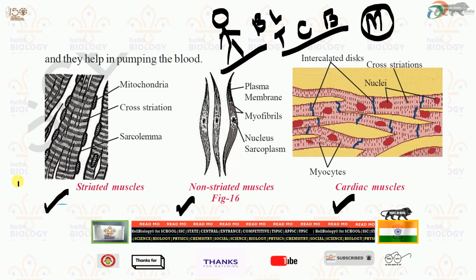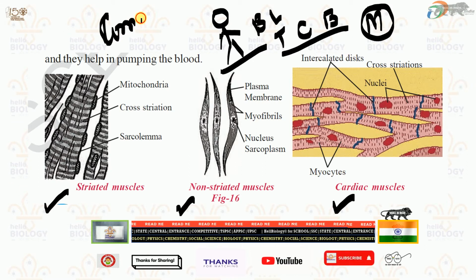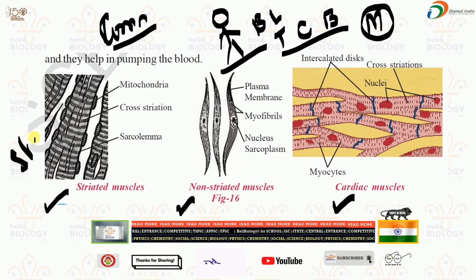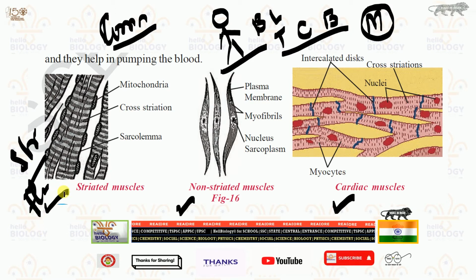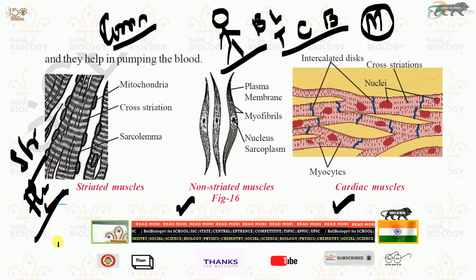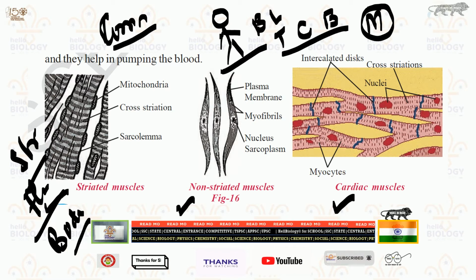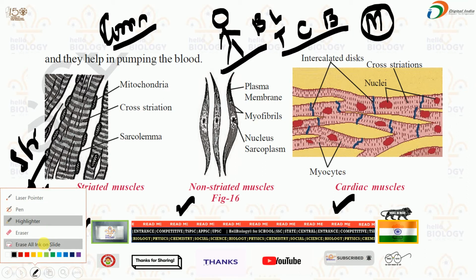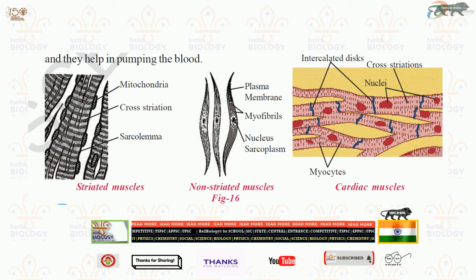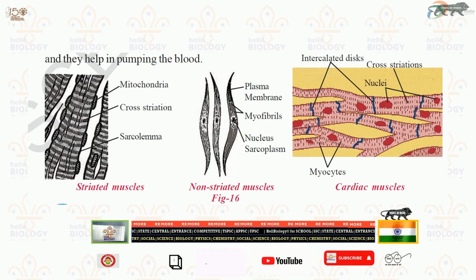They are linked with connective tissues in the manner that they provide strength, flexibility, and help in body movements and locomotion. These three types of muscular tissues are important for ninth class. Every year for essay 1, at least one type of muscular tissue will be asked in the exam.